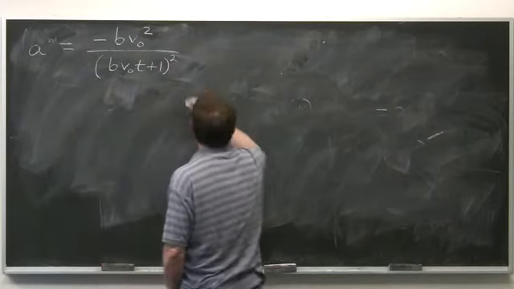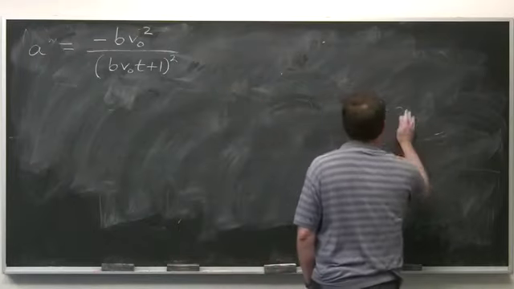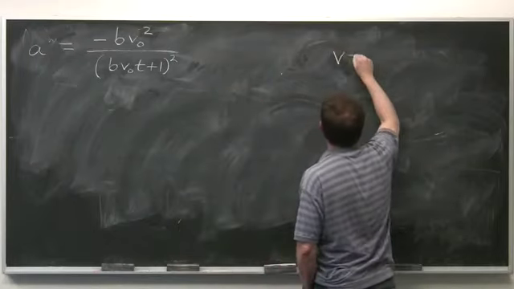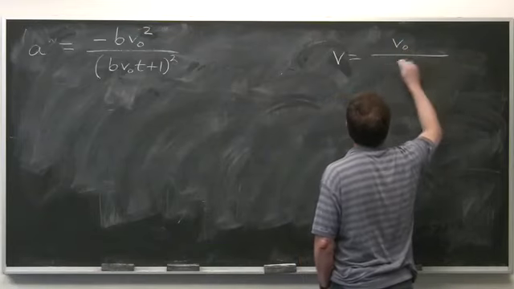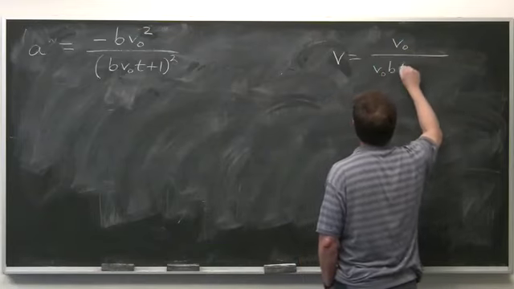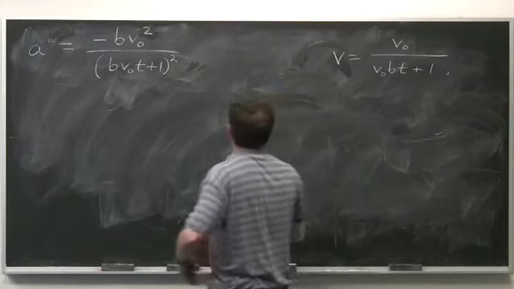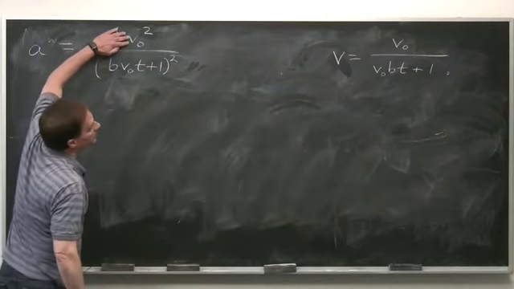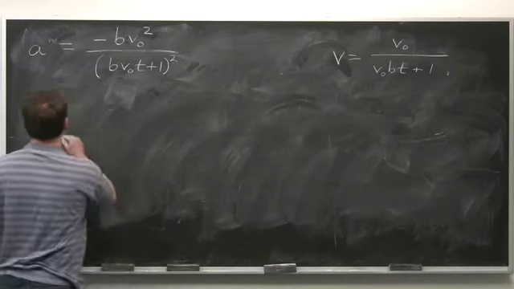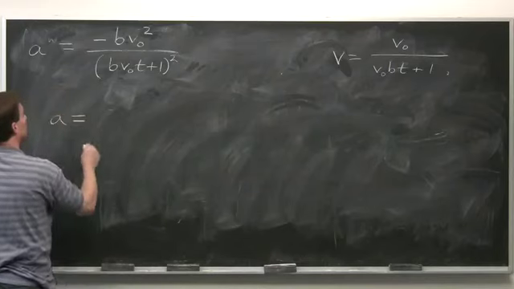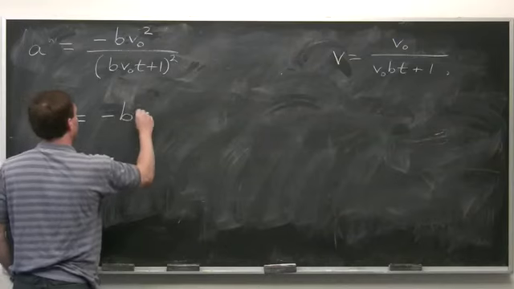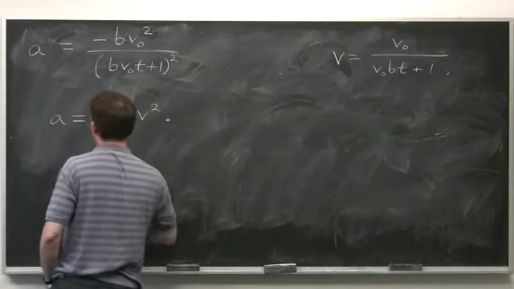You get this, but remember, we just showed a minute ago, the velocity is v naught over v naught bt plus 1. Right? So this part is exactly the velocity squared. So what we've just shown is that a is minus b times the velocity squared.